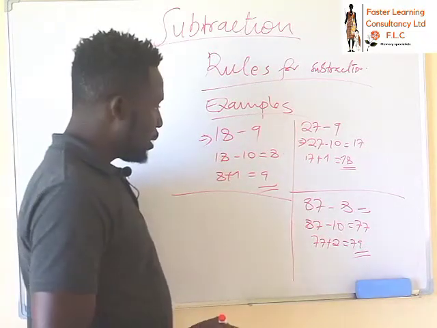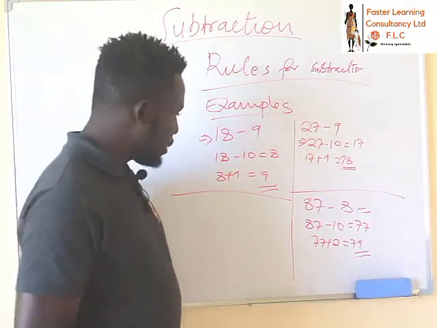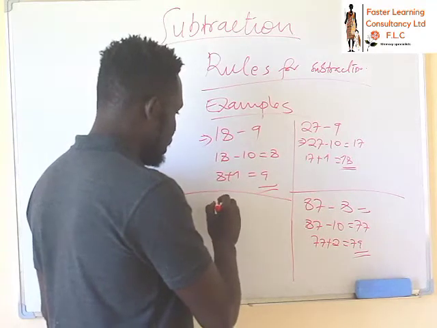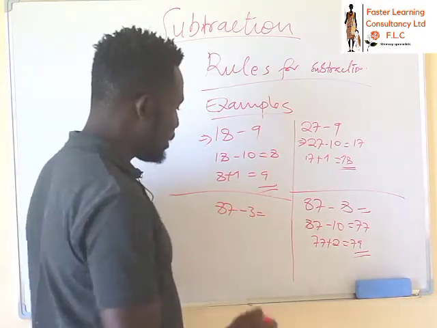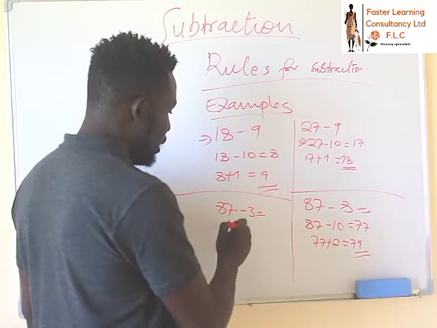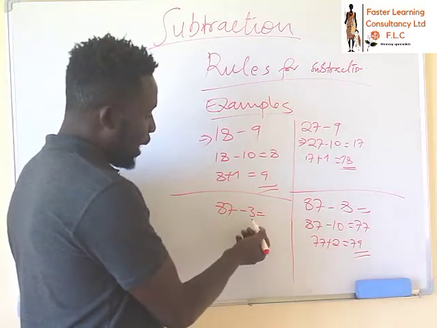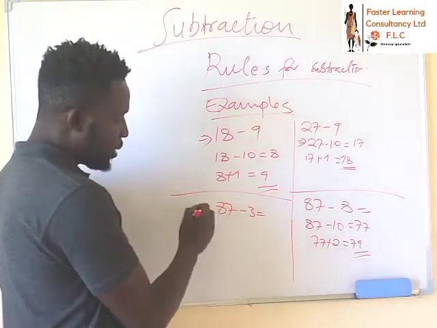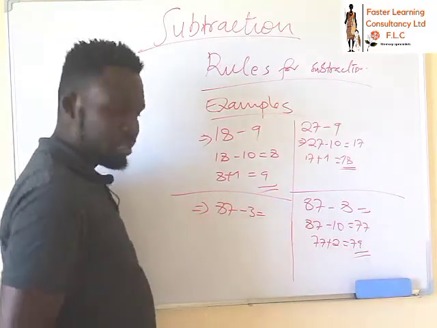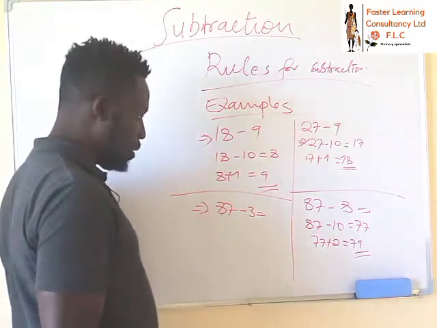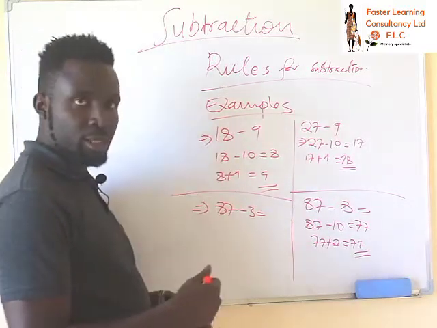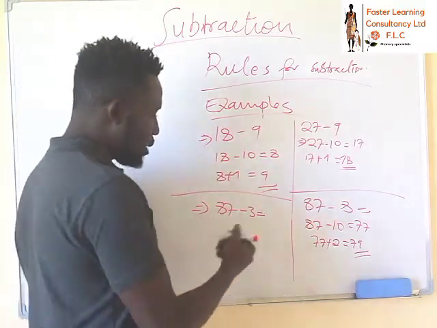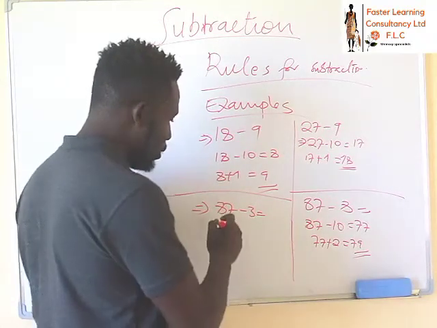Maybe let's take another one, like minus 3. Let's say the same 87 minus 3. I could quickly say, okay, I know 7 minus 3 is 4, so it would be 84. But just because I'm trying to illustrate how to use this method and how this rule works, allow me to go the long way.